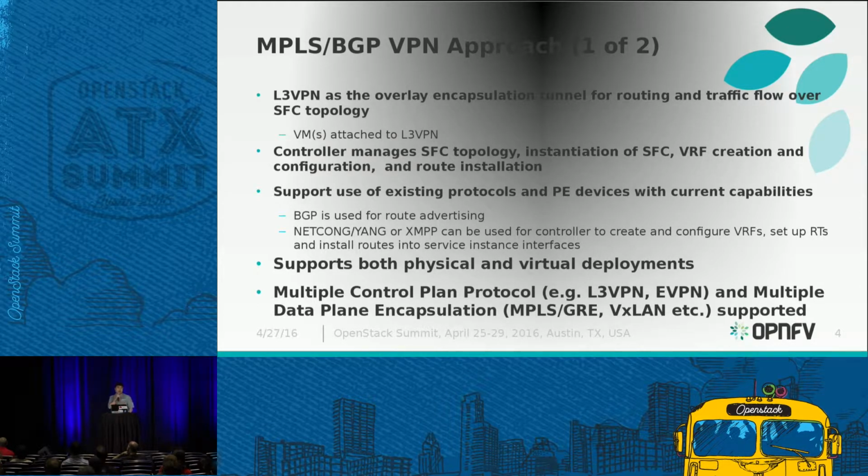It supports both physical and virtual deployments in the existing infrastructure, and supports multiple control plane protocols, including L3VPN and EVPN, with layer 3 functions in EVPN, and also multiple data plane encapsulations. For example, it supports MPLS over GRE or VXLAN and different encapsulation methods.